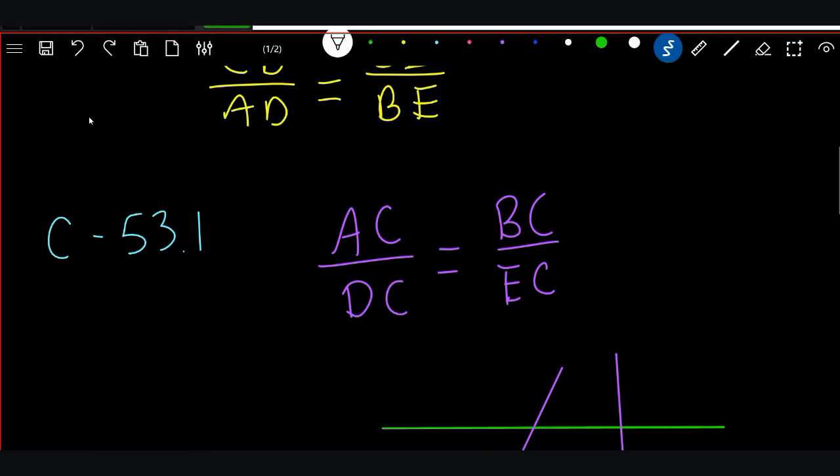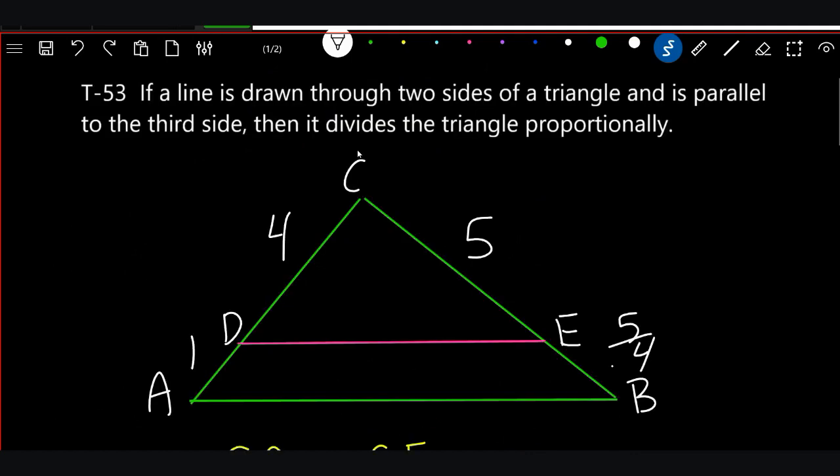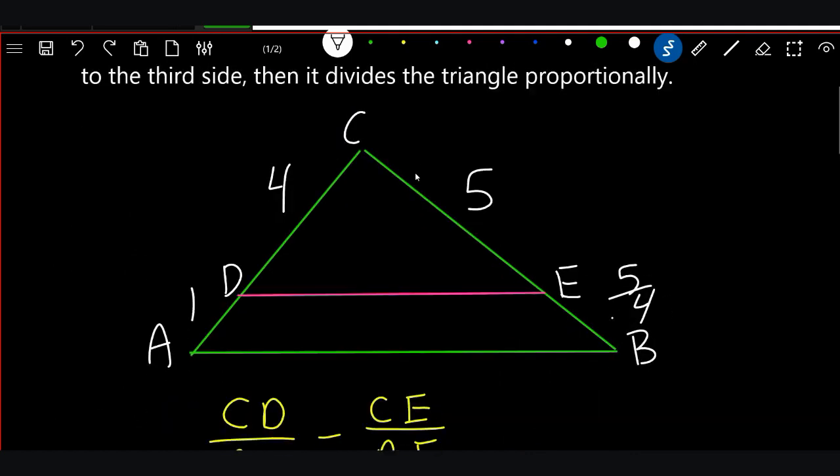Look at corollary 53.1 there on page 197. It says, if a line is drawn through two sides of a triangle parallel to the third side, then either side is to one of the segments as the other side is to the corresponding segment. So what does that mean? Let's go back to our original drawing.